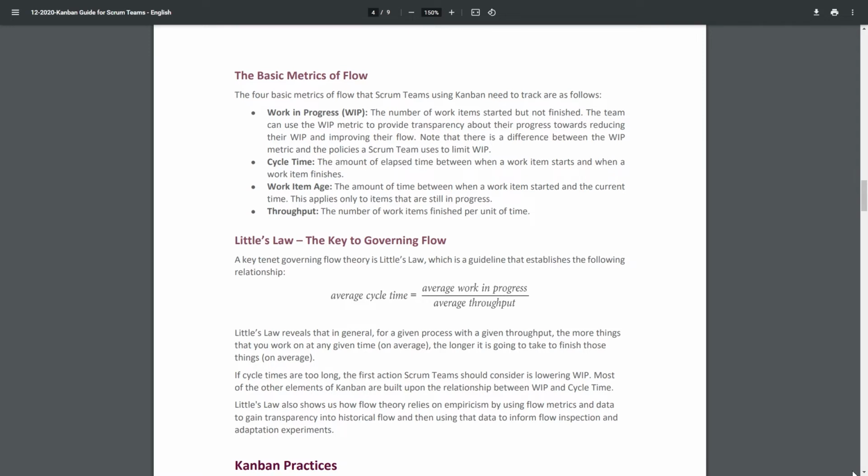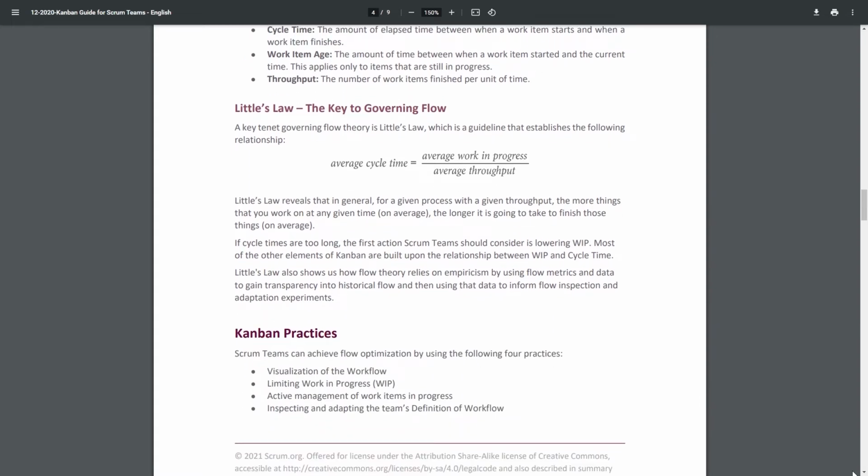If cycle times are too long, the first action Scrum teams should consider is lowering WIP. Most of the other elements of Kanban are built upon the relationship between WIP and the cycle time. Little's Law also shows us how flow theory relies on empiricism by using flow metrics and data to gain transparency into historical flow and then using that data to inform flow inspection and adaptation experiments.